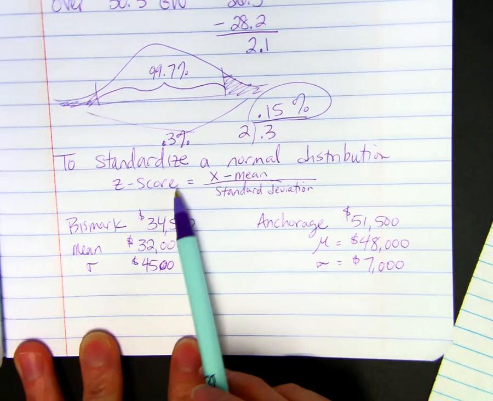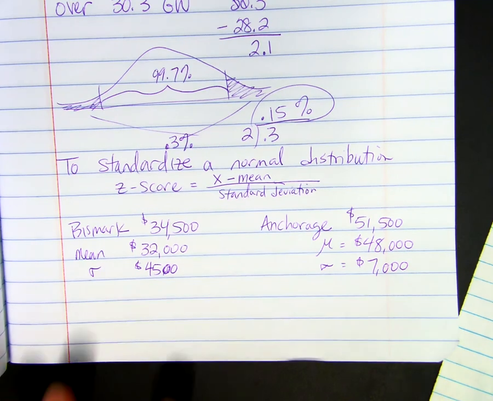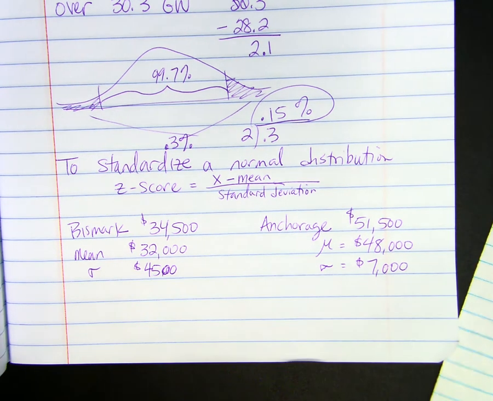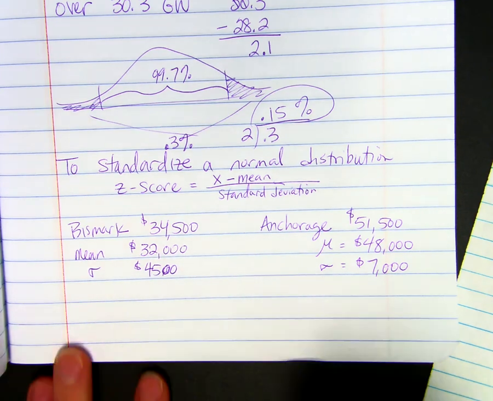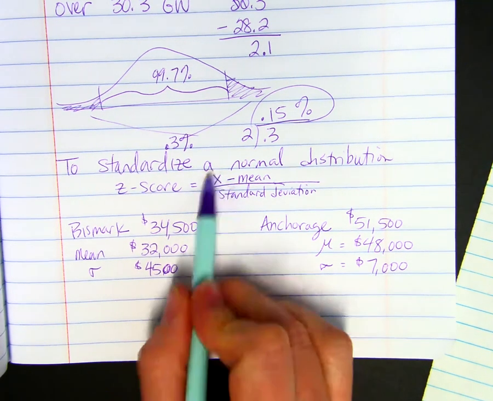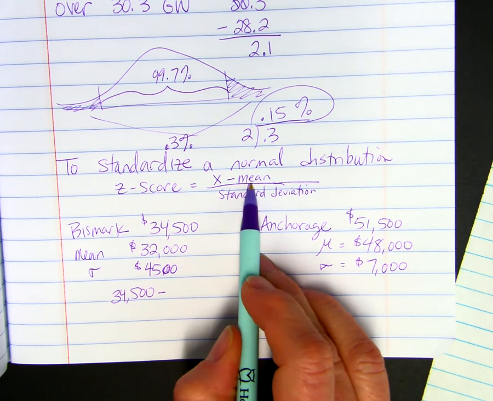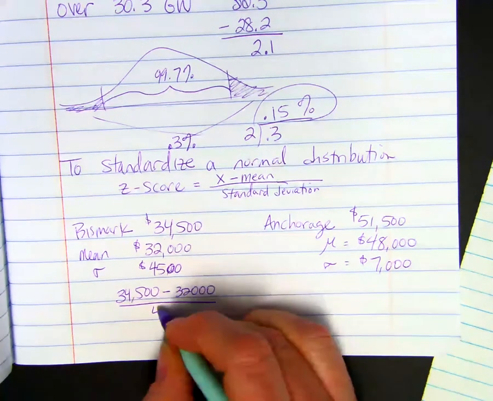So what we want to do is find a z-score. We want to standardize each one and see which one is further above the mean, so you're going to get paid more compared to everyone else, because there's a cost of living and everything. To do that, you take the x value, which is 34,500, subtract the mean, 32,000, and divide by the standard deviation.